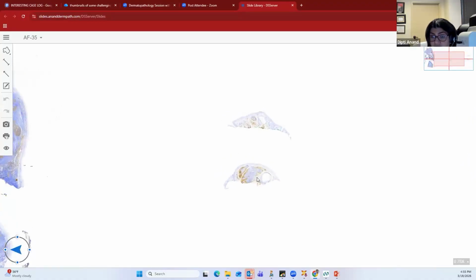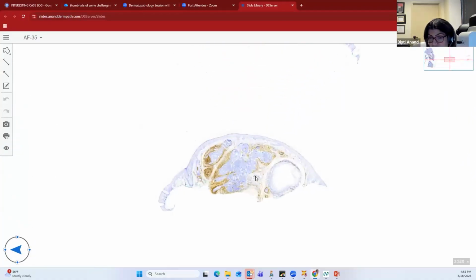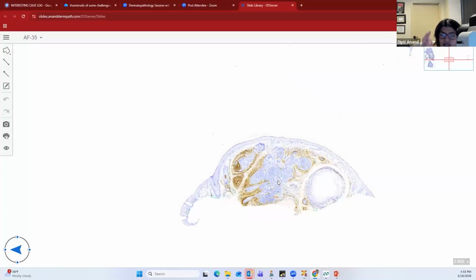You can see how nicely the CD10 is highlighting the stroma and it spares the follicular island. So it's a crisp demarcation between the follicular islands and the stroma. That's indicative that this lesion is basically benign and not a basal cell, as a sharp distinction between the tumor islands and the stroma is going to be lost in a basal cell.